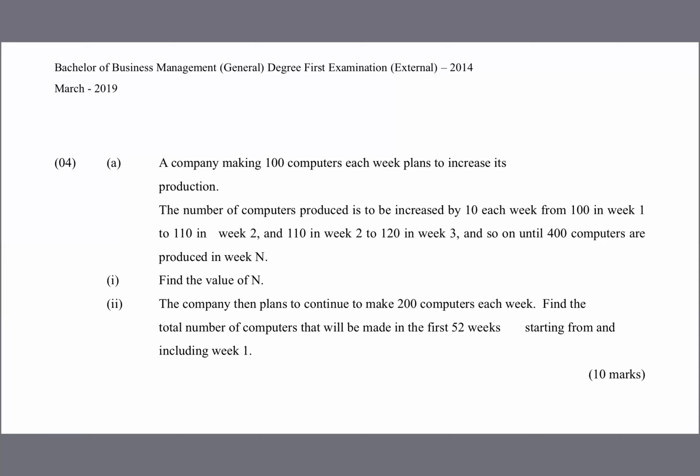Third week, we add another 10 to the second week amount, 120 plus 10, that means 130, and so on until 100 computers are produced in a week.